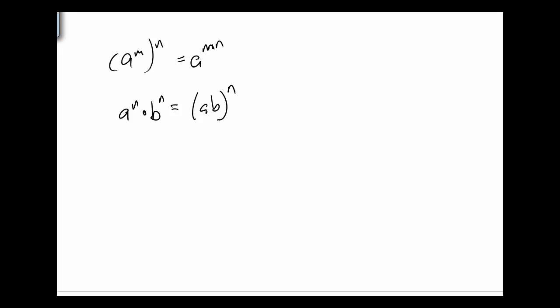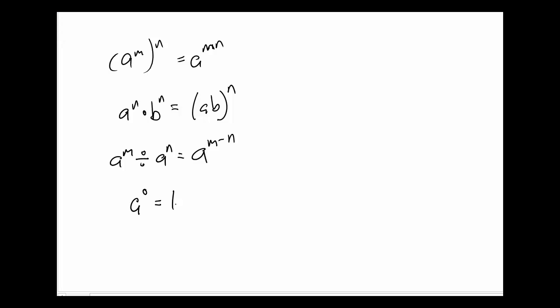Another rule is if I'm dividing the same bases but with different exponents, that's going to translate into subtraction, and of course anything to the 0th power is equal to 1.